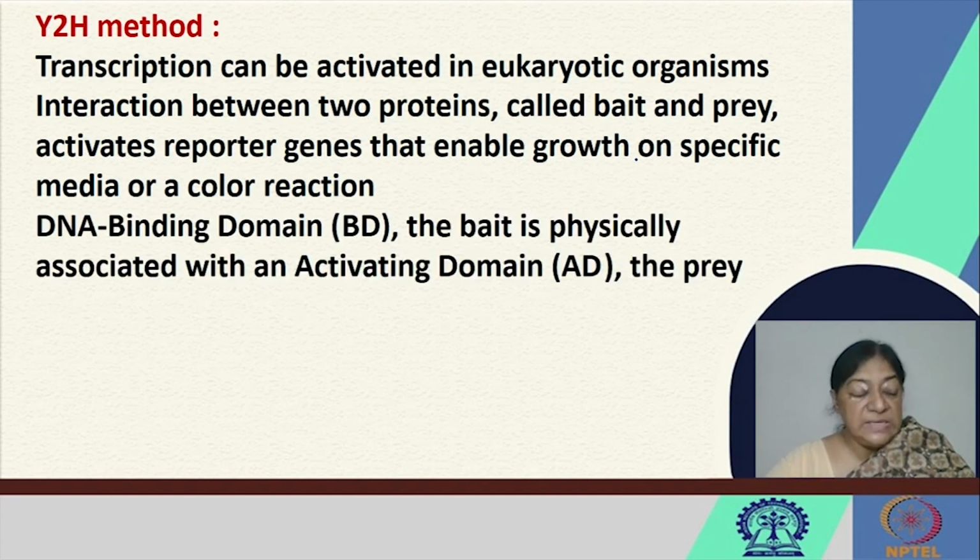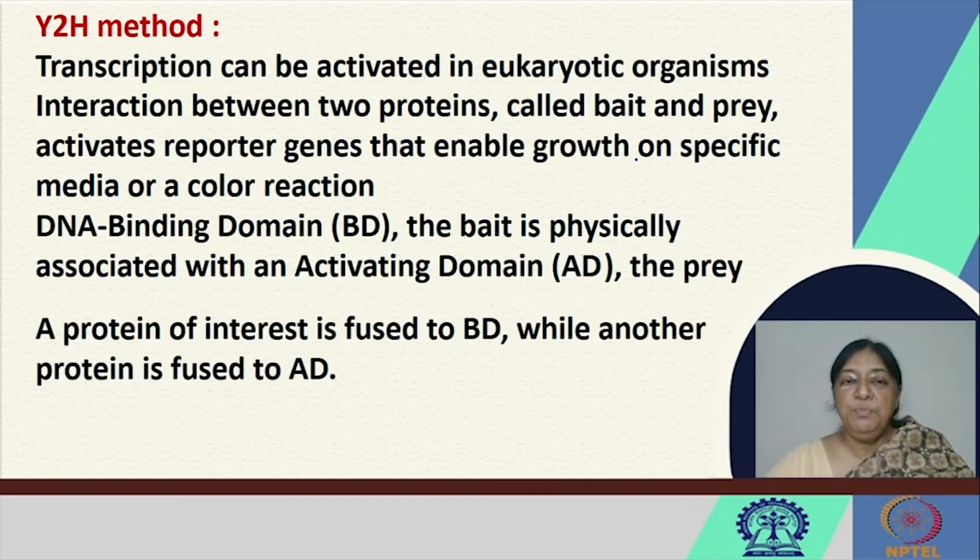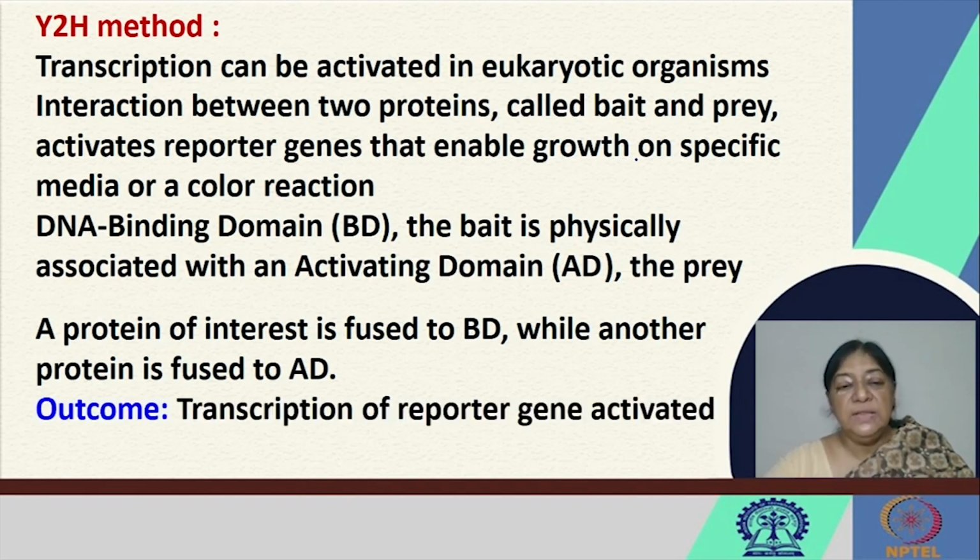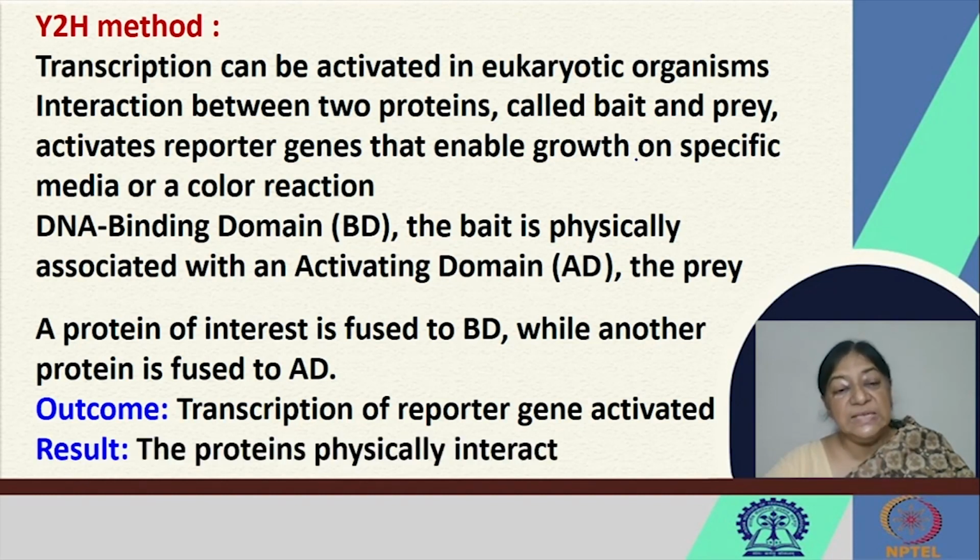There is a DNA binding domain, the BD, which is the bait. If it is physically associated with an activating domain, the prey, then a protein of interest is fused to the BD, while another is fused to the AD. If these interact with each other, the reporter gene is transcribed and activated. So the result indicates that these proteins physically interact with each other.